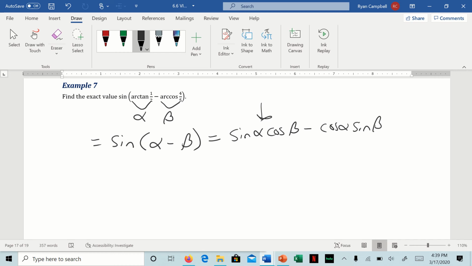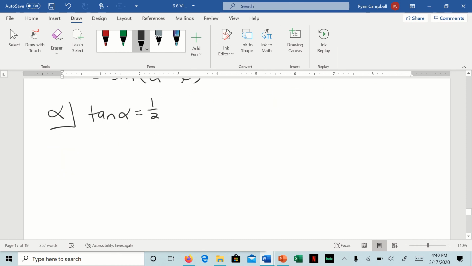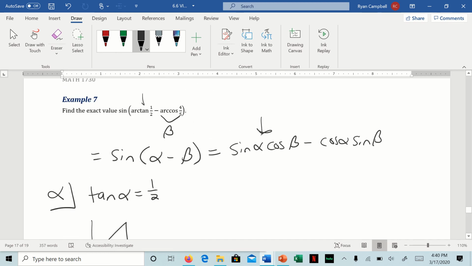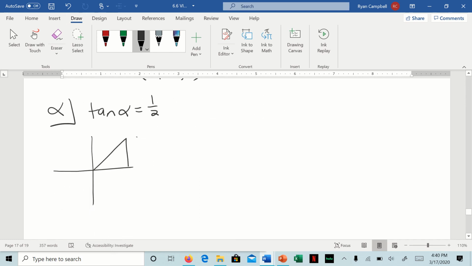So here's another thing. Let's look at alpha. We know alpha is equal to the arctangent of 1/2, right? So if we want to rewrite that, we could say the tangent of alpha is 1/2. Since it's positive, we know tangent is positive in the first quadrant and the third quadrant. However, since we started with arctangent, we know that we're just in the first quadrant.